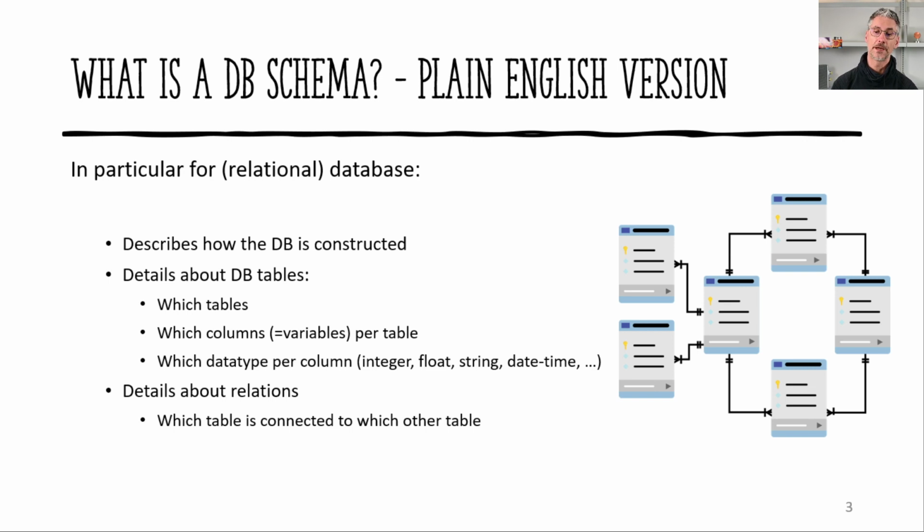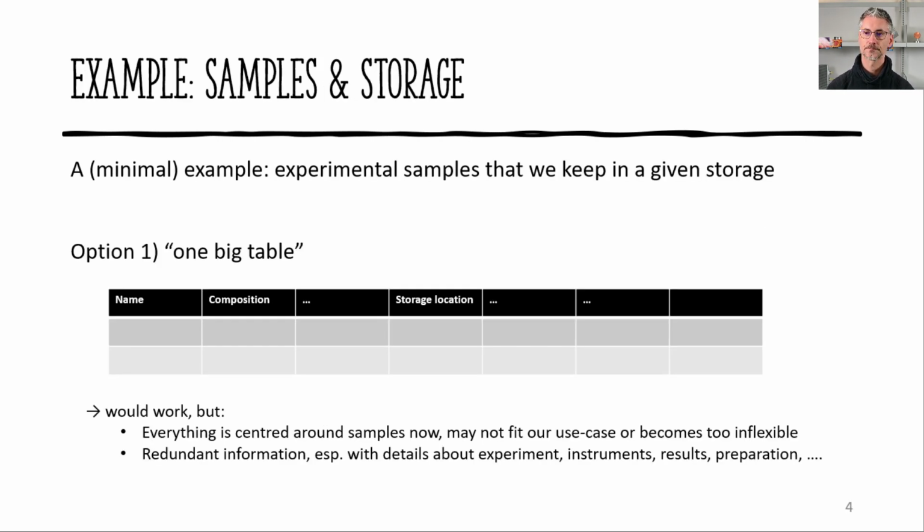And we also define which data type per column or per variable we have, for example, integer, floats, strings, datetime, and so on. The schema also specifies how these tables are related to each other, so that it stores the details about the relations.